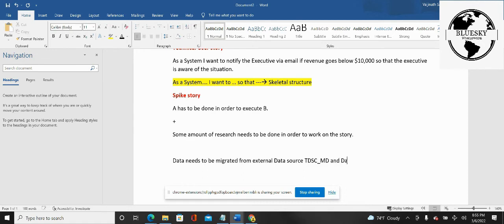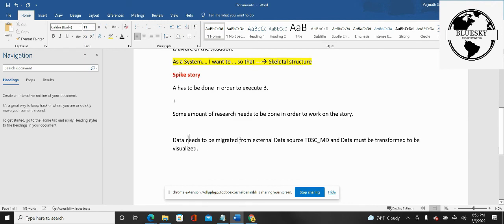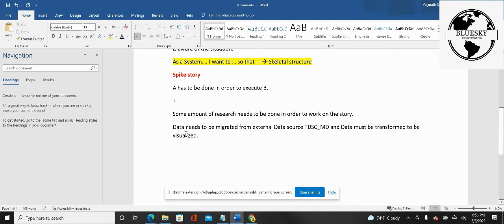And data must be transformed to be visualized. So this is a very good example of a spike story. Data needs to be migrated from an external data source, and data must be transformed to be visualized. So this is a very good example of a spike story which doesn't follow any skeletal structure.